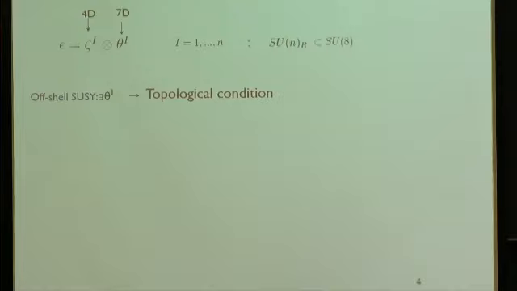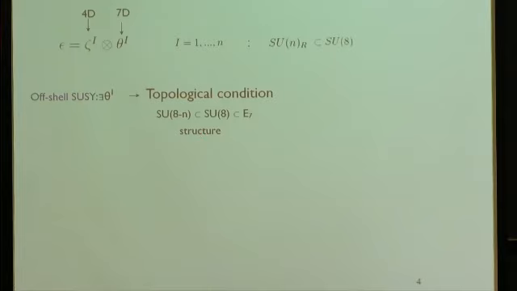So off-shell supersymmetry requires existence of these spinors. And this is some topological condition that says that the manifold, or let's say the generalized tangent space, has some reduced structure. Well, Dan talked about it. We heard about this before, about the structure. So we need to have an SU(8-n) structure.